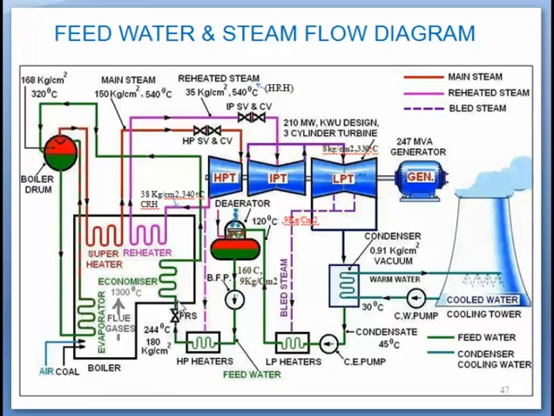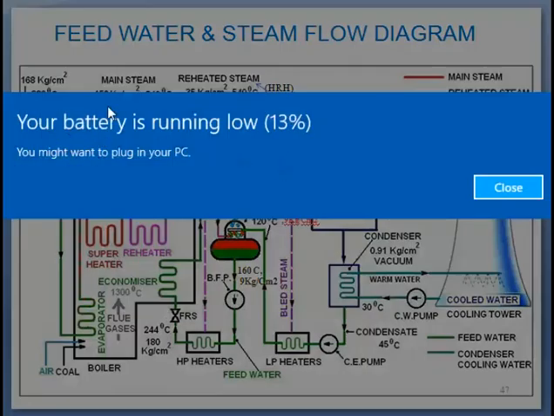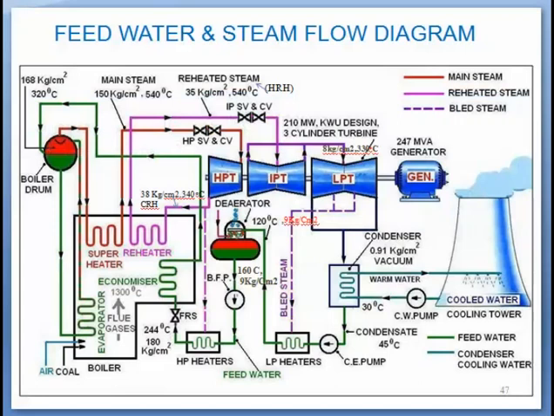And finally, through feed regulating station, this feed water through economizer in saturated condition goes to boiler drum, where steam and water, because of density difference, is separated.